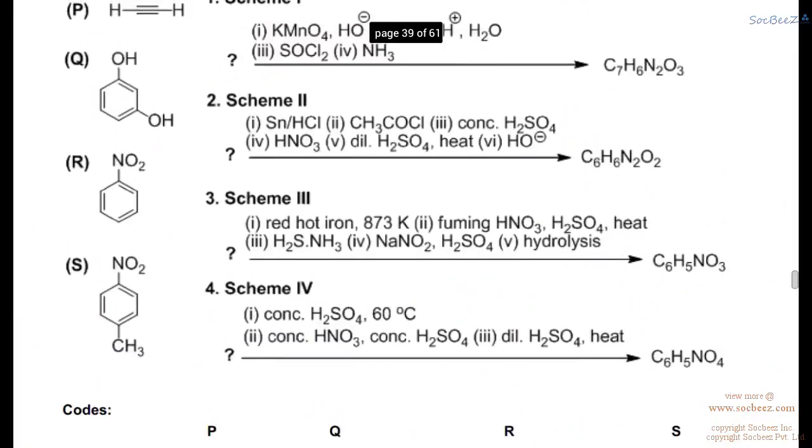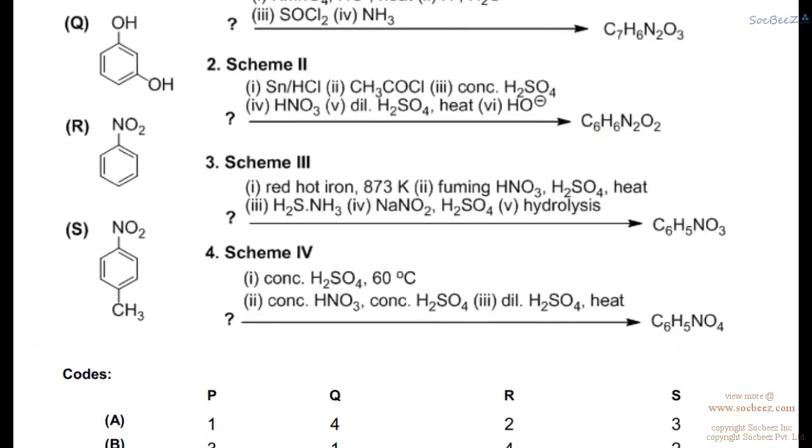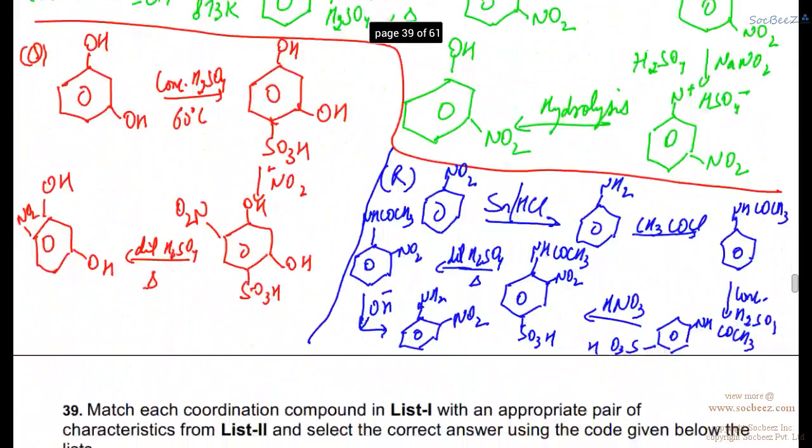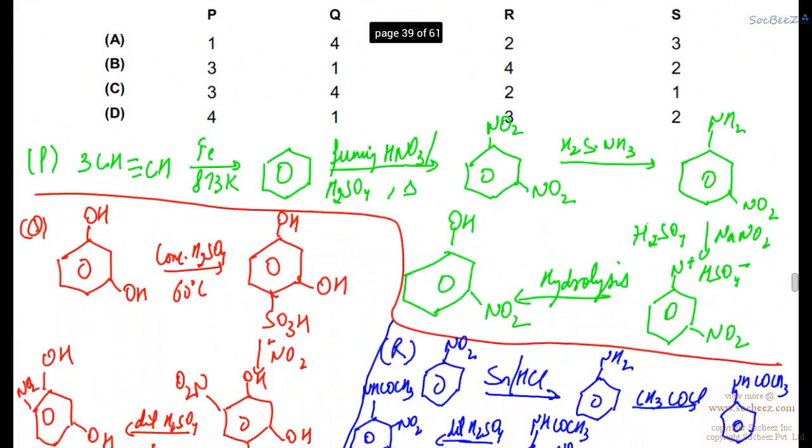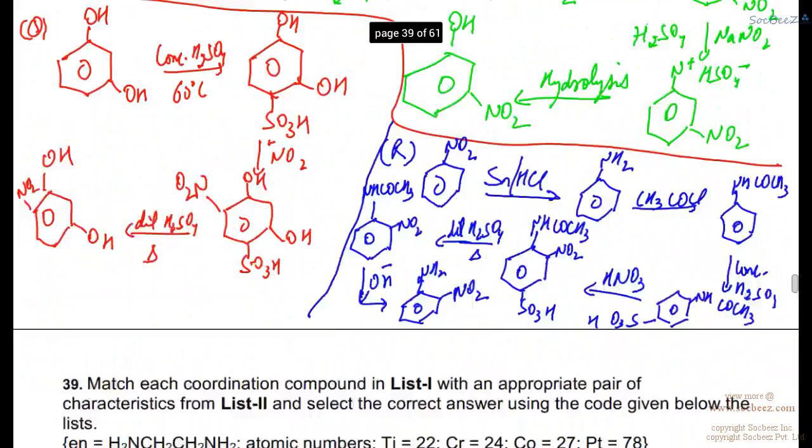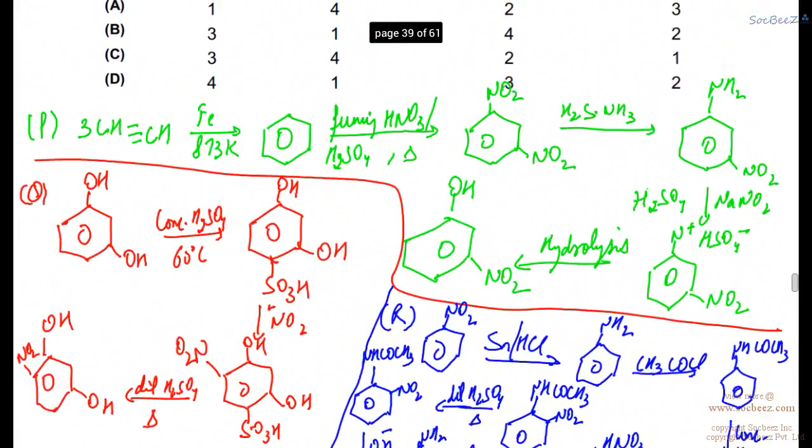Okay, so here R corresponds to 2, in this case C6H6 and 2O2. Okay, fine. So now to draw the reaction sequence of S, I need to erase one part, so I am going to erase P here.